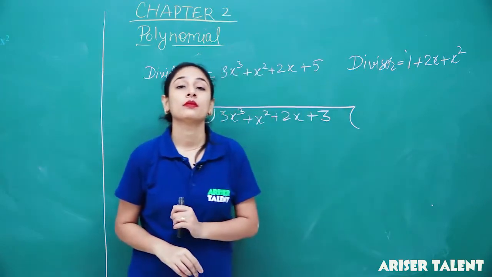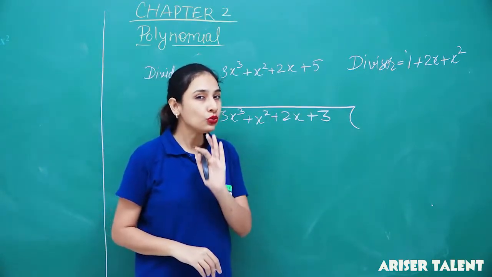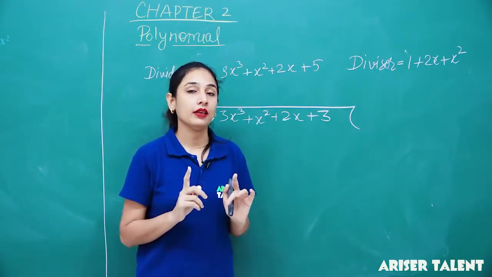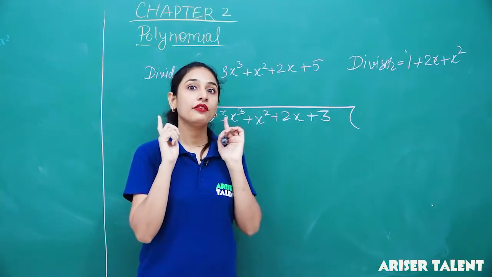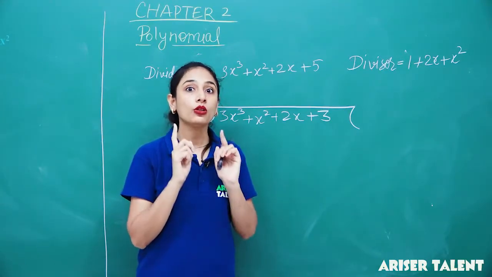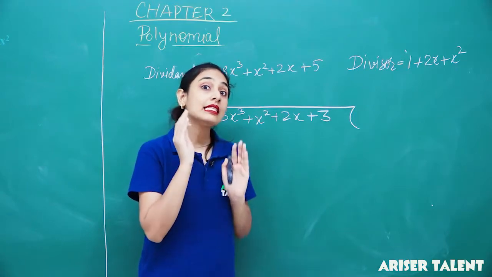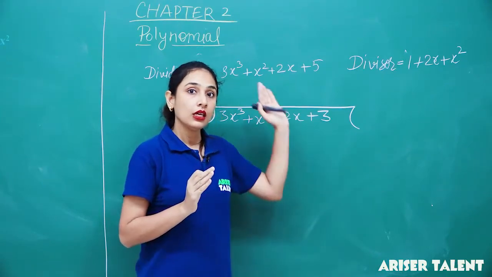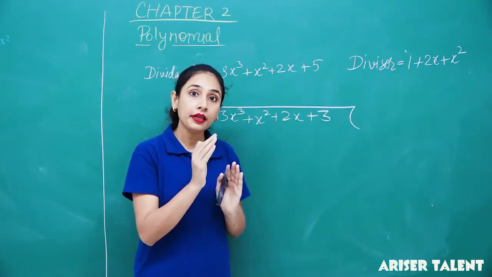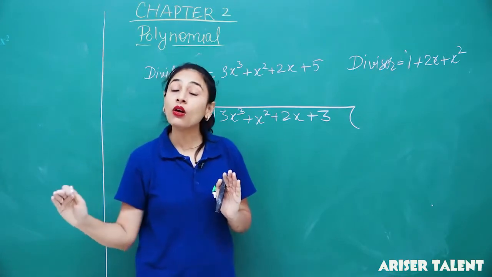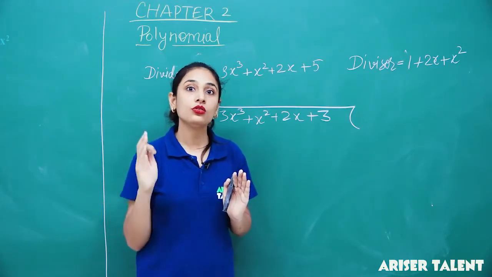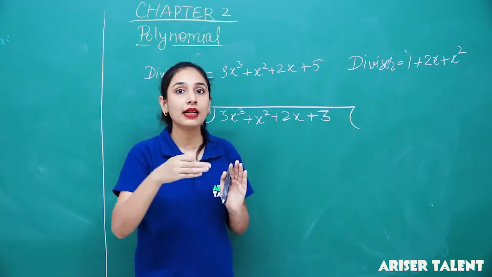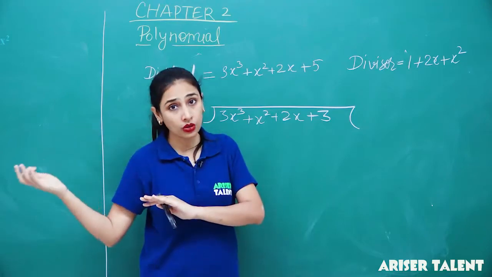Now wait, in mathematics you have to do things very systematically, and whenever you are going to write a polynomial, the standard form, what we call standard form, is writing the polynomial in descending order of its power. So the highest power first, then the second highest power, then the third highest power, and then the constant.